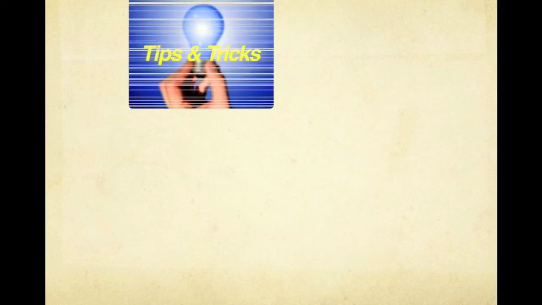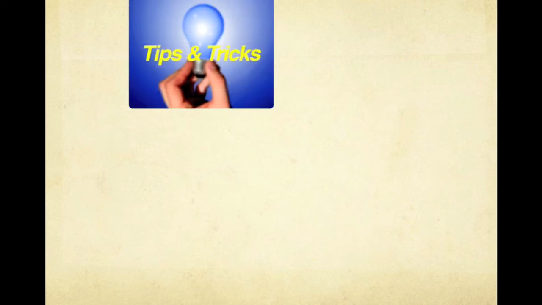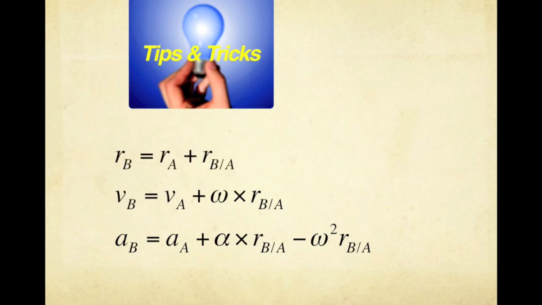Enough of the derivations. Now we will look at some examples. But before that, I would like to share with you some tips in solving relative motion analysis problems. Well, to be honest, there are no tips actually. It's just that you need to remember the three equations that we discussed before, which are the displacement equation, the velocity equation, and the acceleration equation.